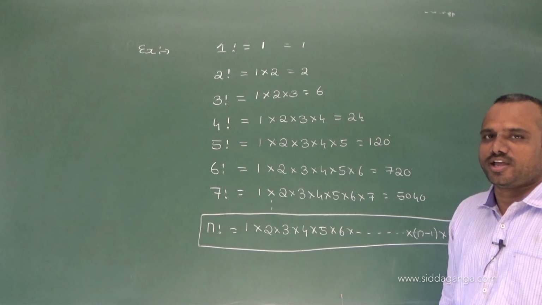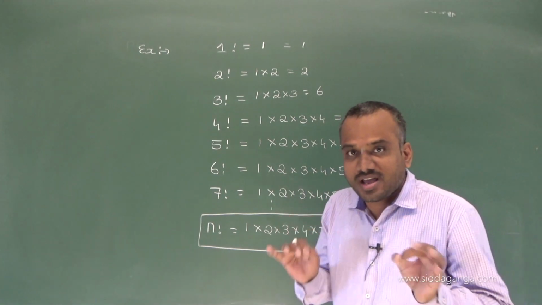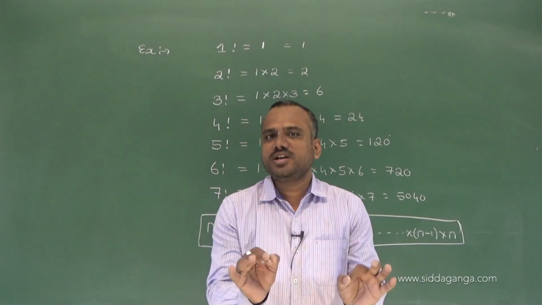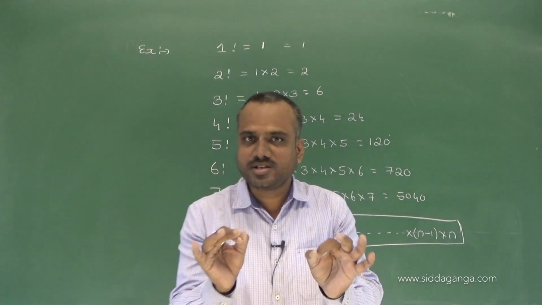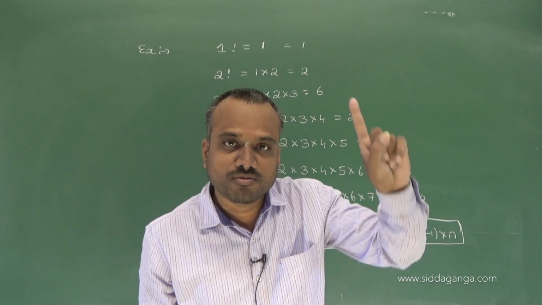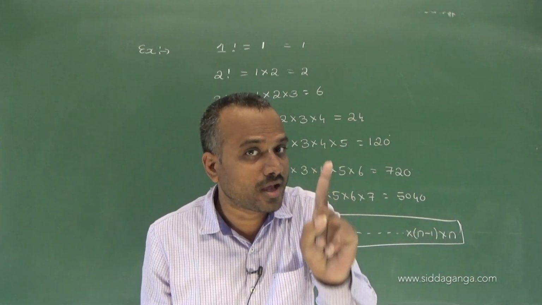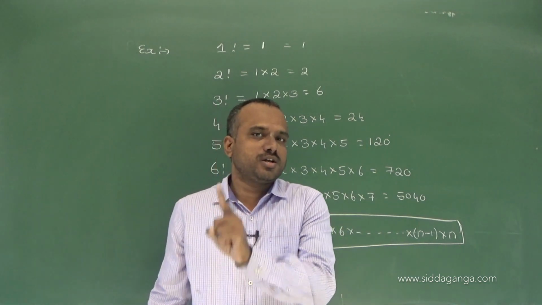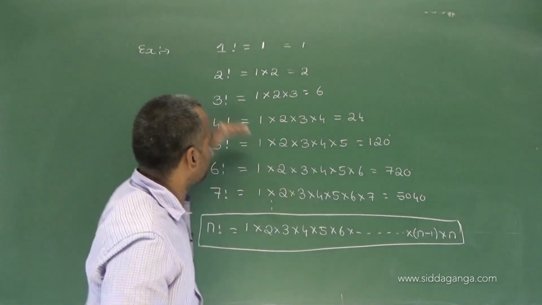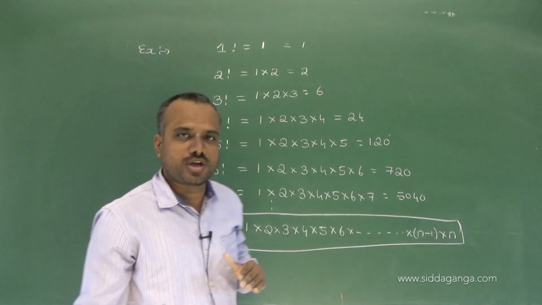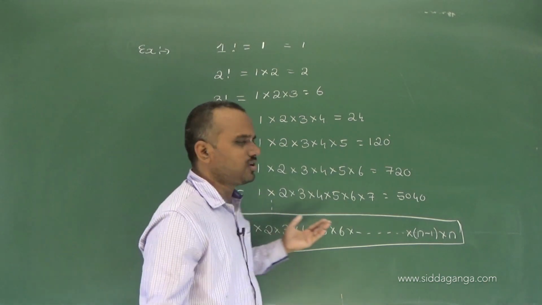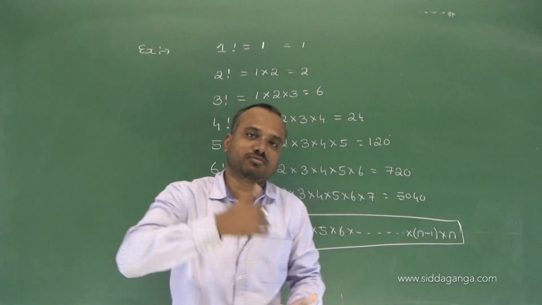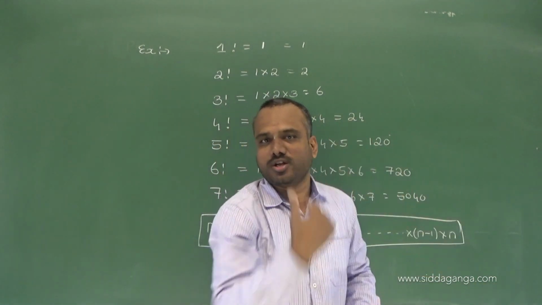Understand? So once again I say, n factorial means the product of the first n natural numbers. These are the examples. If you want 8 factorial, the product of the first 8 natural numbers. If you want 100 factorial, the product of the first 100 natural numbers.